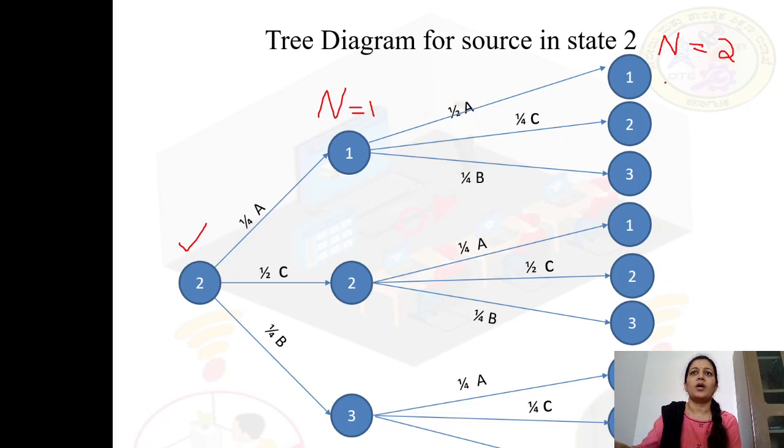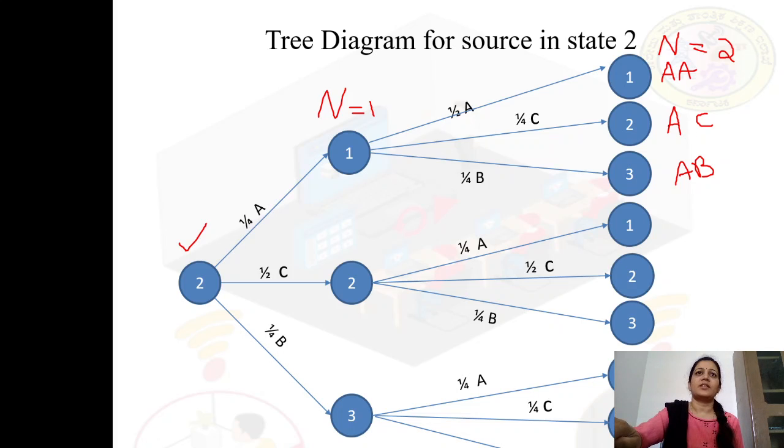You will get to know how to write the tree diagram, and at the end of each stage write down the output sequence symbol: 2 to 1, 1 to 1, 2 to 1, and 1 to 2. So it would be AC. Similarly, 2 to 1 and 1 to 3, it would be AB.